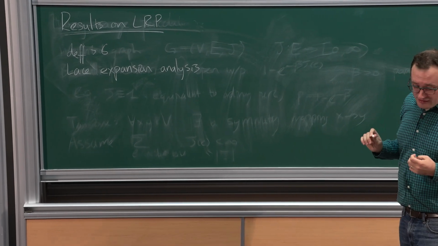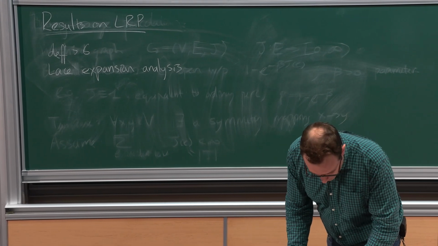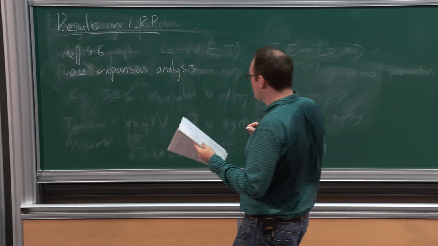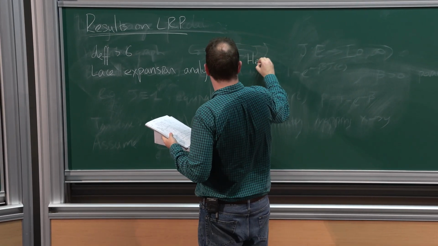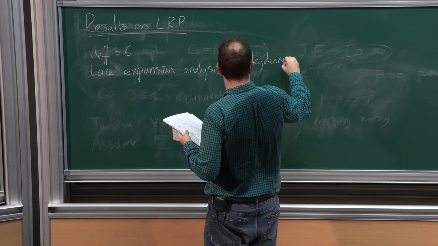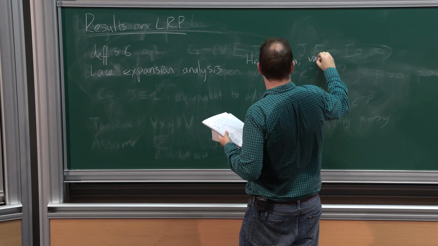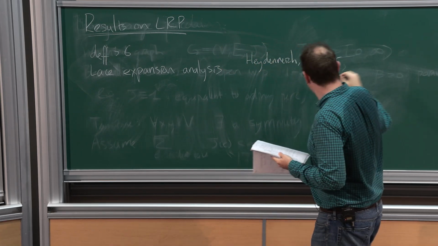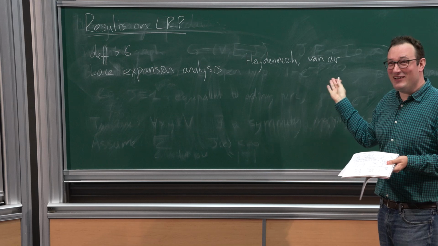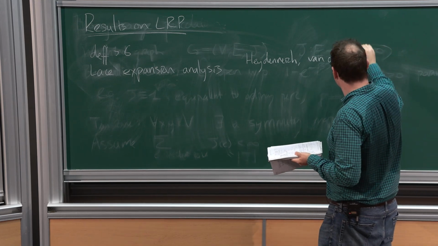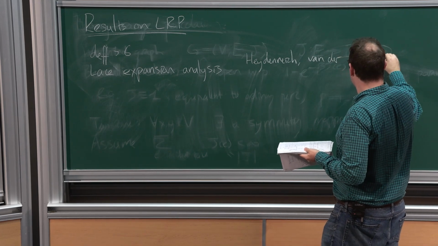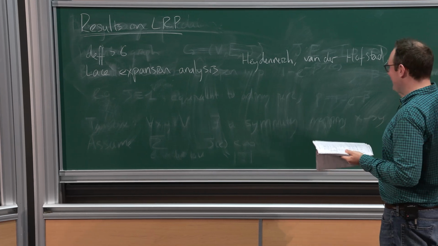In the particular case of long-range models, this was done by Heydenreich, van der Hofstad, the usual suspects. There are some other usual suspects that are not on this list. In particular, Hara and Slade are not on here themselves.